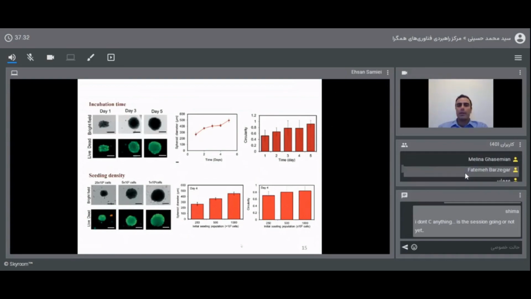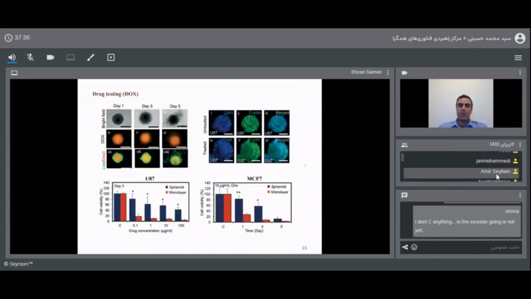Then we used these tumor spheroids, and also the well itself, which is semi-transparent and can be used for real-time monitoring of the spheroids. We used it for drug testing, and we used doxorubicin again for the analysis of these tumor spheroids.